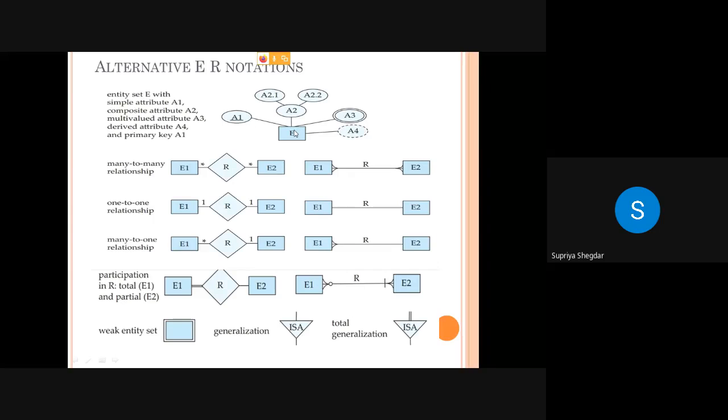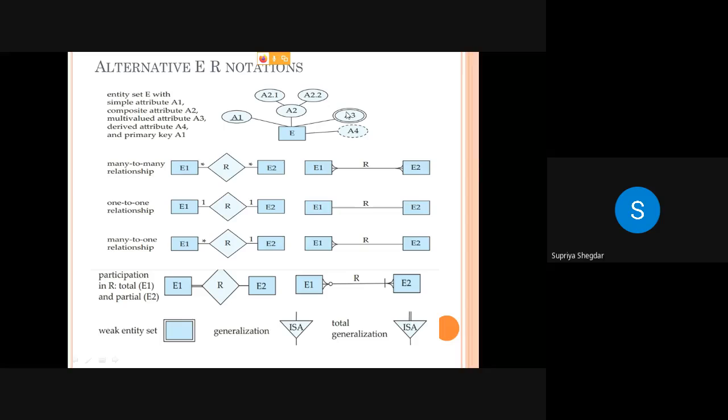Then if a composite attribute is there, here A2 is the composite attribute, and for A2 some components are there, so we draw two more attributes, that is A2.1 and A2.2. Then A3 is my multi-valued attribute. The multi-valued attribute is represented by a double ellipse.